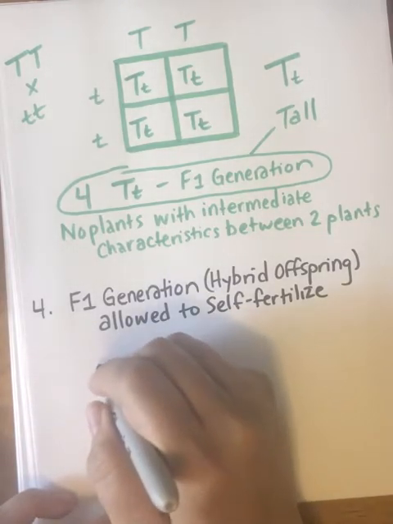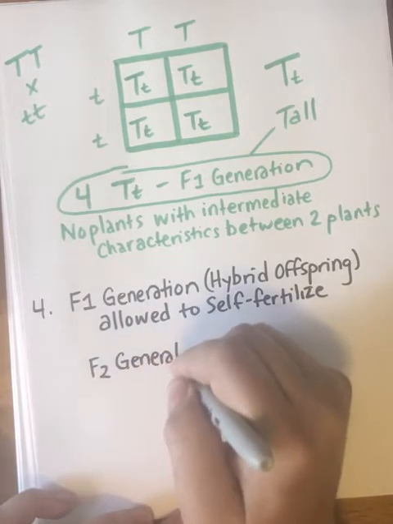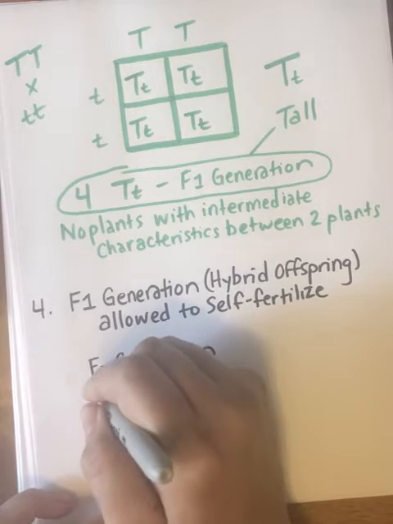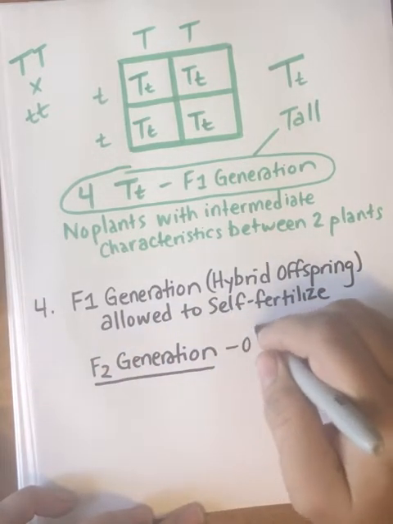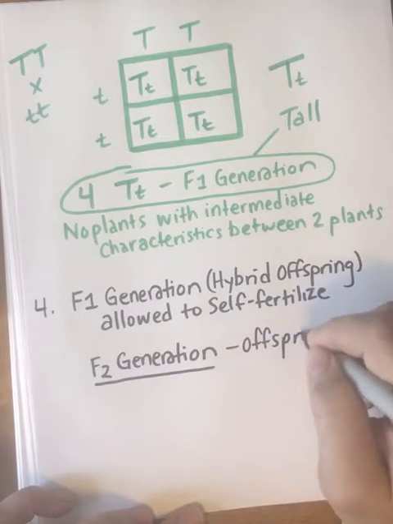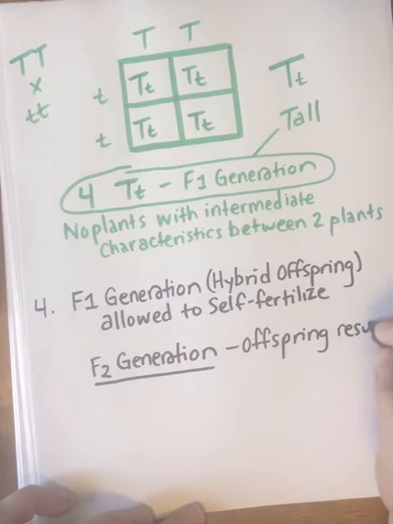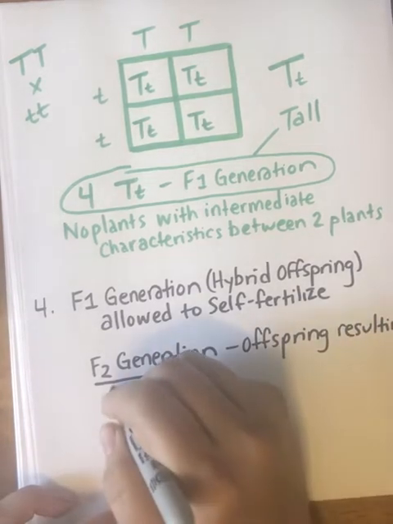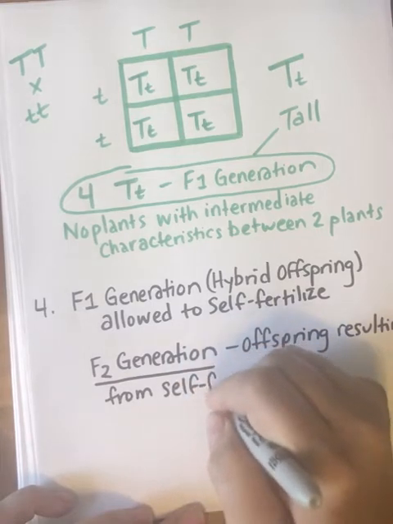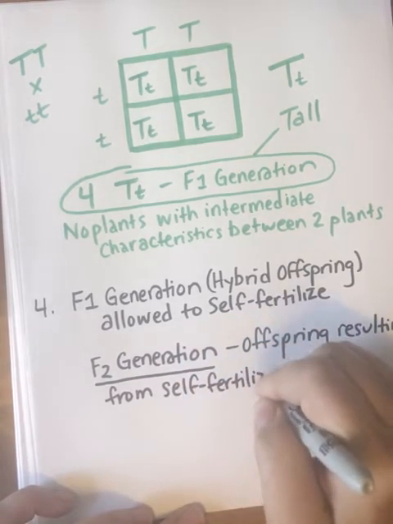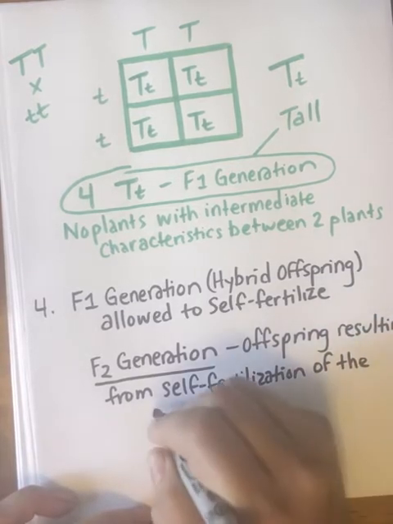So the F2 generation is going to be the offspring resulting from self-fertilization of the F1 generation.